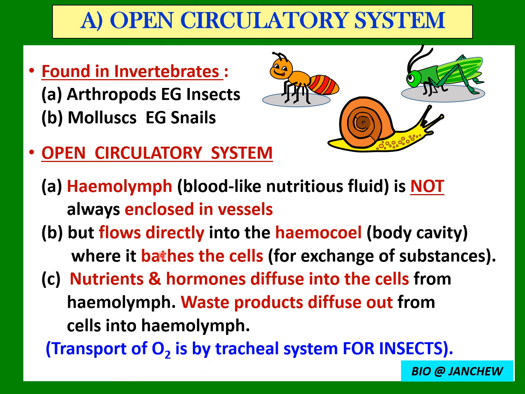Now notice that the hemolymph does not transport oxygen to the cells directly, because the transport of oxygen, for example in insects, is by using the tracheal system, the system of tubes. The oxygen is transported by the trachea and then into the tracheole and directly into the cells. It does not involve the fluid called the hemolymph, unlike humans who have the blood circulatory system to transport oxygen.